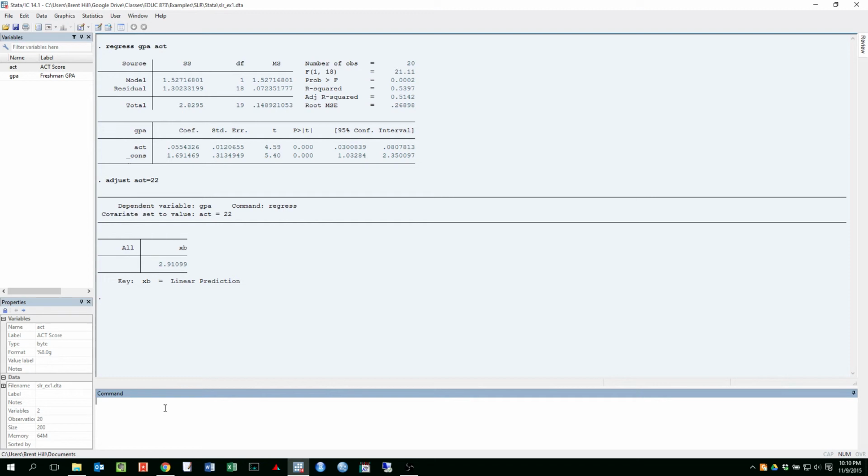So what would be the 95% confidence interval for the conditional mean of GPA for the subpopulation of everyone that got a 22 on the ACT? Well, we would just use the same command, start off the same way, adjust ACT equals 22, then comma, because we're going to add an option, that option being CI.